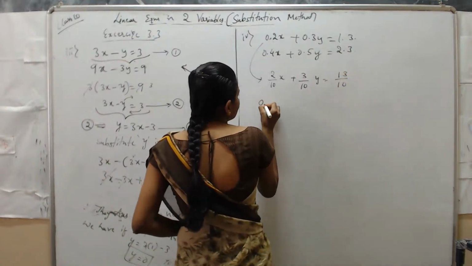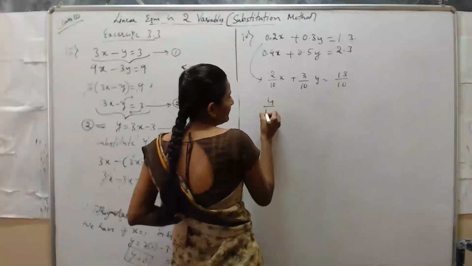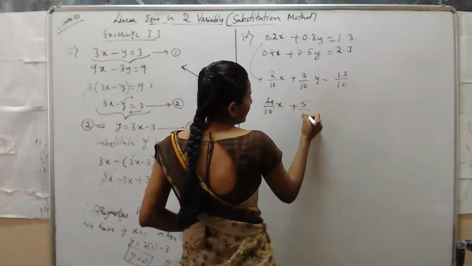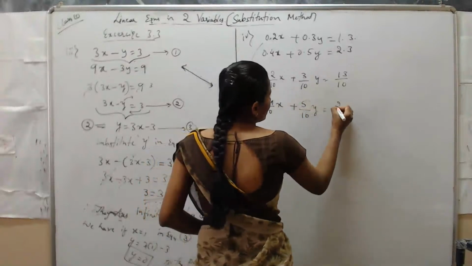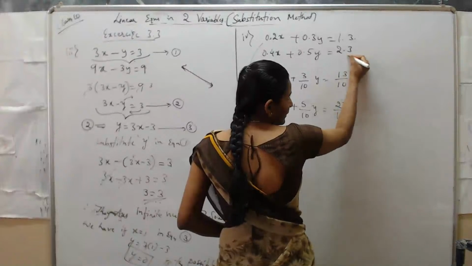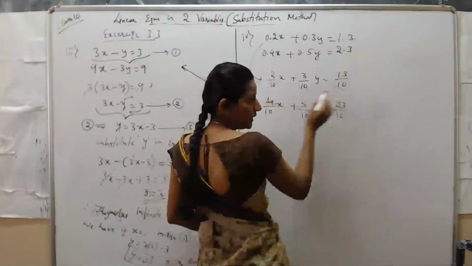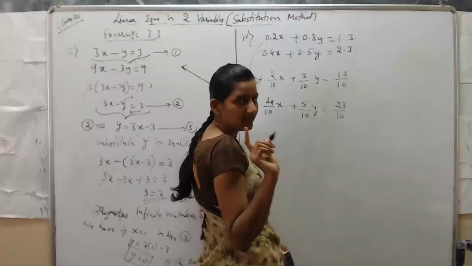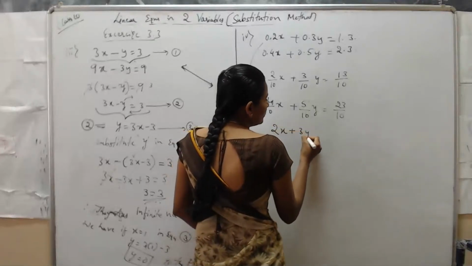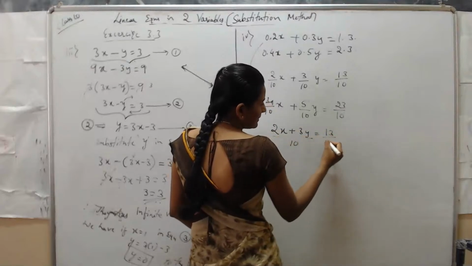Next, 0.4 can be written as 4 by 10, so 4 by 10x plus 5 by 10y is equal to 23 by 10. If you shift one decimal place, you take 1 and one 0 in the denominator. See, if the denominators are the same, the numerators can be directly added. This 10 and 10 get cancelled.